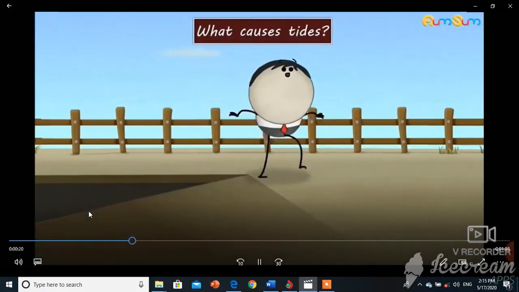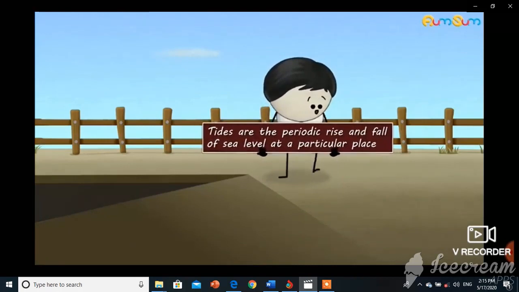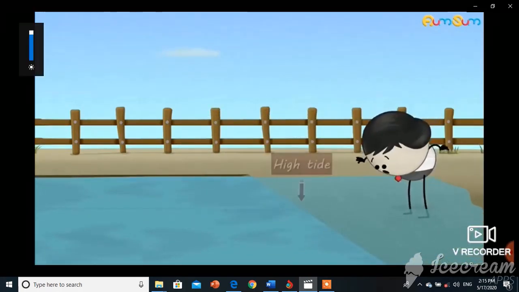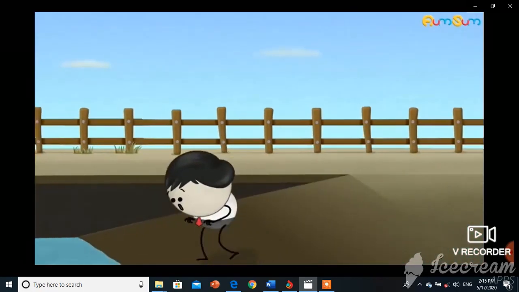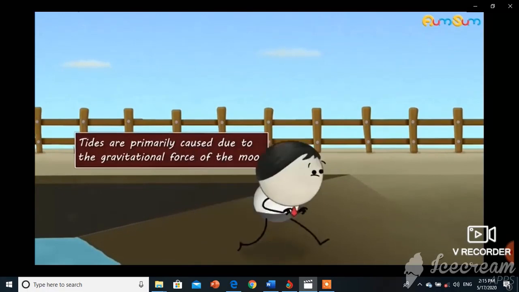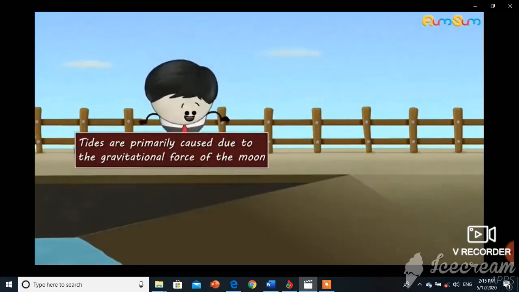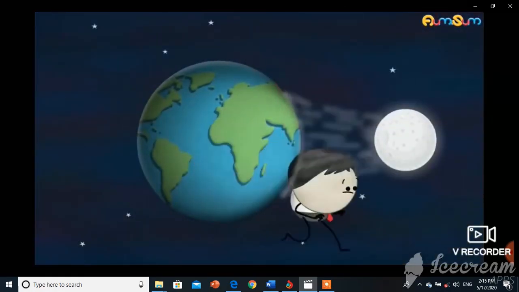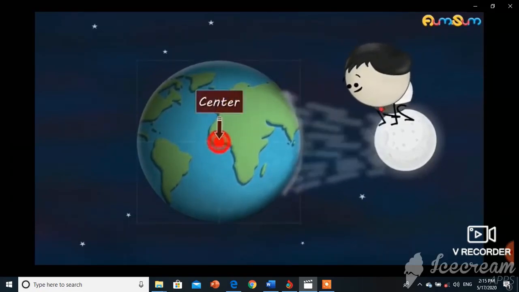What causes tides? Tides are the periodic rise and fall of sea level at a particular place. When the sea level rises to its greatest height, it is known as a high tide. And when the sea level drops to its lowest height, it is known as a low tide. Tides are primarily caused due to the gravitational force of the moon. But how? Part of the Earth facing the moon experiences a stronger gravitational pull towards the moon as compared to the Earth's center.